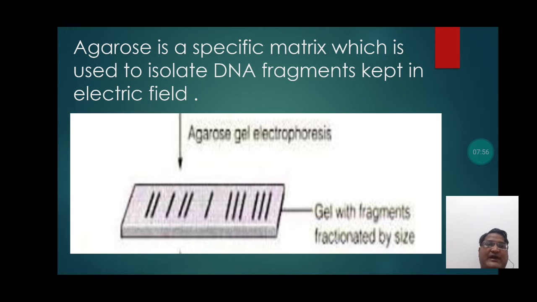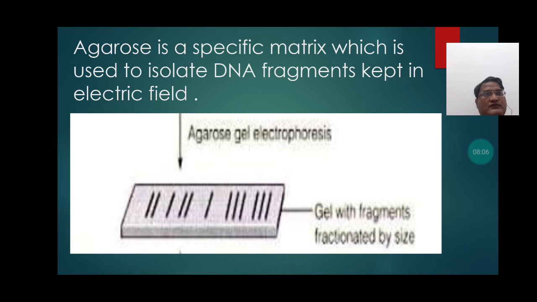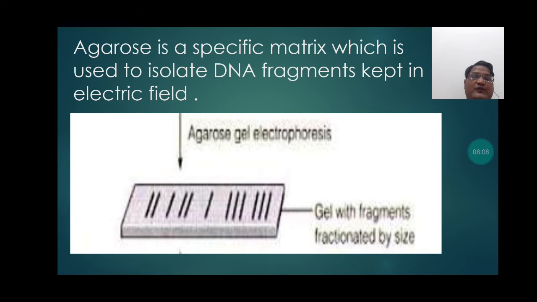Agarose is a specific matrix which is used to isolate DNA fragments kept in electric field. So students, the whole process of the separation of the small fragments of the DNA are done on the agarose gel, which is kept in the electric field.